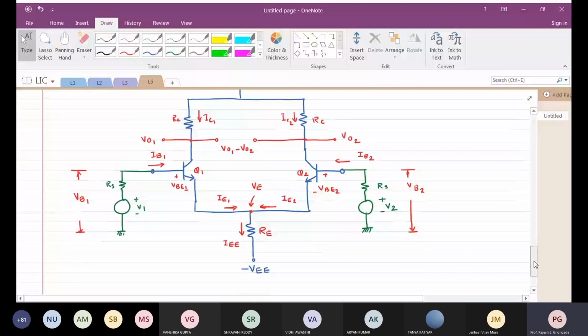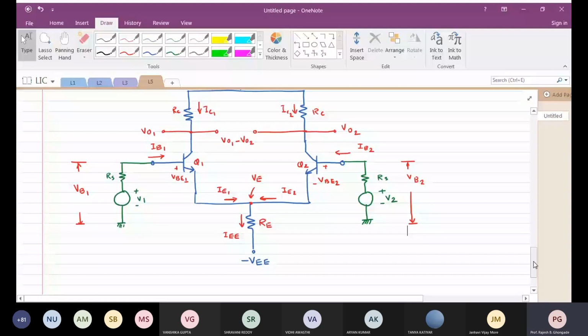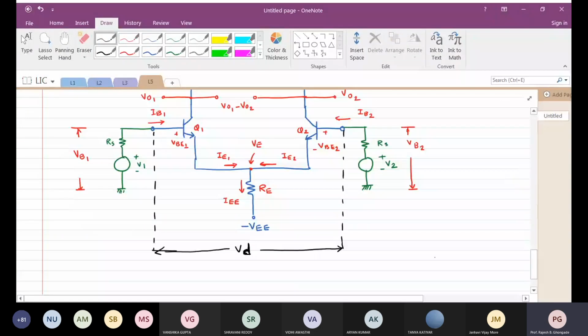Now, if you measure the difference between these two, what do you see here?